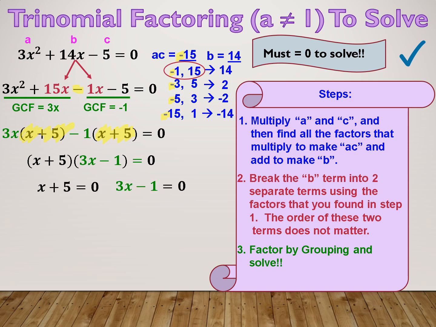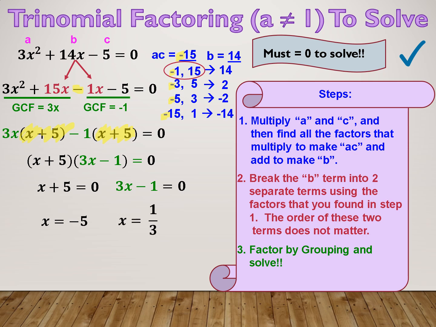Now I take and set each one equal to 0. Well, x plus 5 equals 0. That means x is negative 5. Sorry, my bad. X plus 5 equals 0 means x equals negative 5. Oh my goodness. Okay, so 3x minus 1 equals 0.